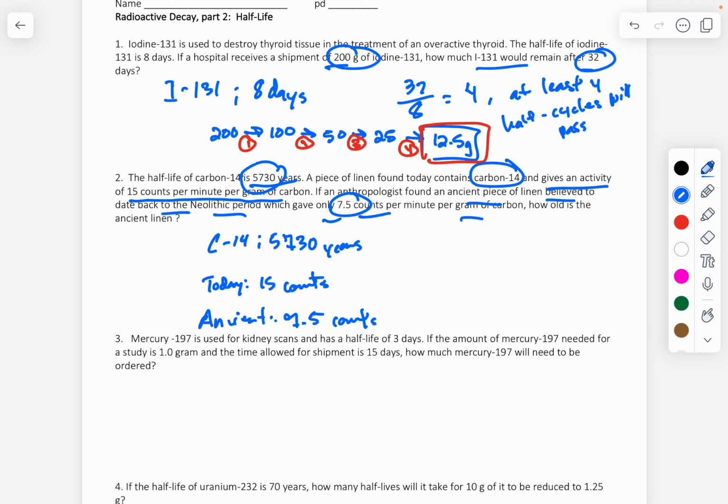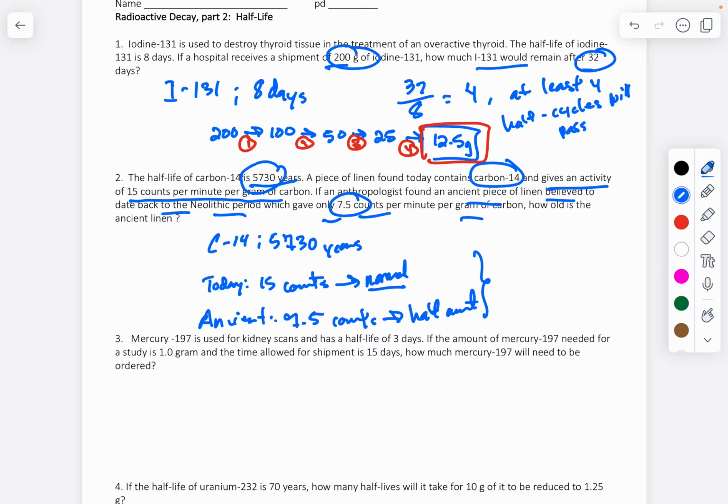Okay, well if it's half the count, right? If you remember the Geiger counter thing that counts radioactive decay, that's what this is talking about. So if this is your normal, full amount, this would be your half amount.